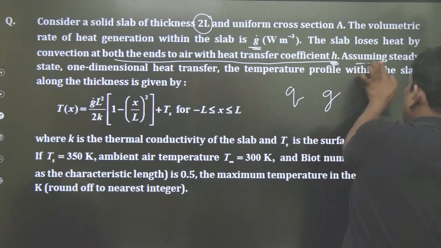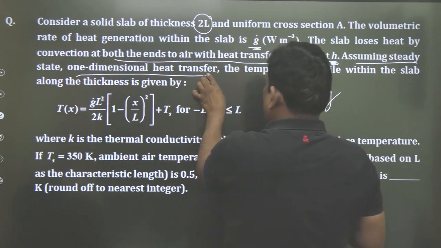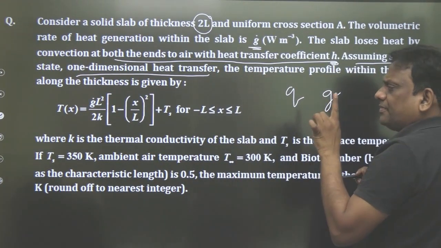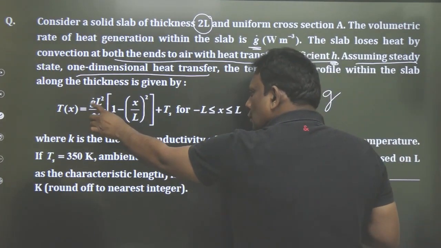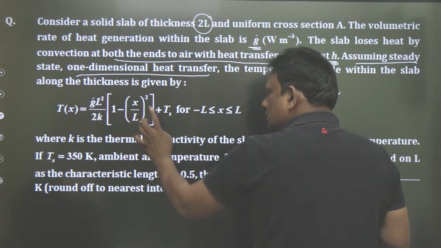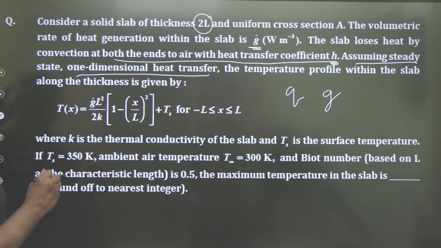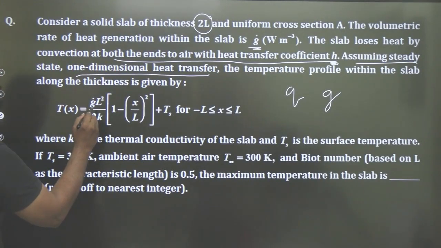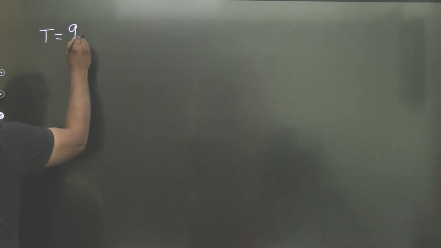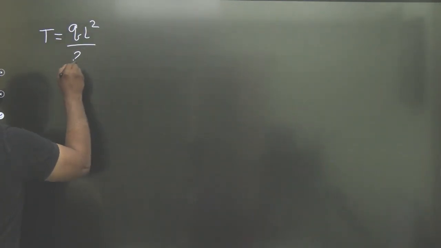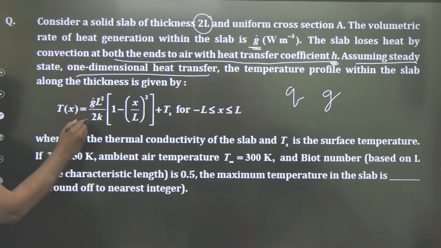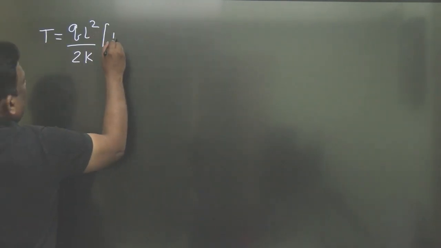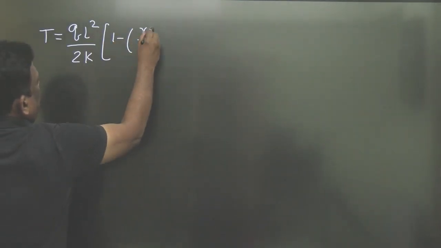Assume steady state one-dimensional heat transfer. The temperature profile within the slab is given by qL square by 2K into 1 minus (x by L) whole square, plus Ts.